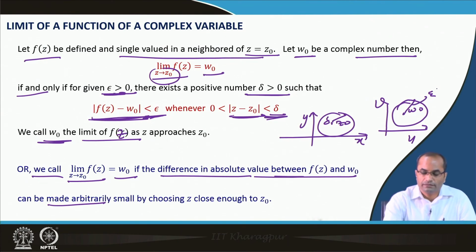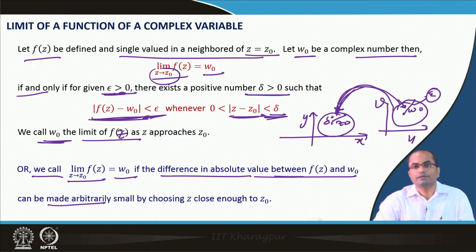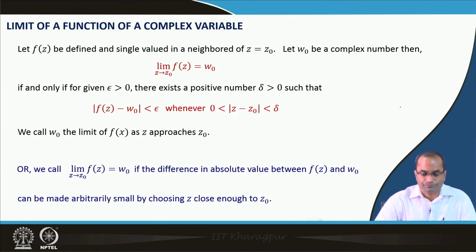For any given epsilon, however small, if we can find a neighborhood around z naught so that any point in this neighborhood is assigned values in the neighborhood of w naught, then we call this the limit of the function.